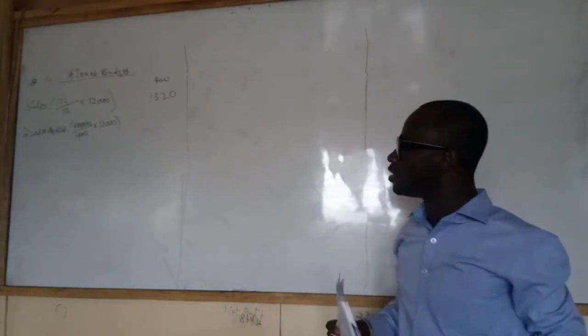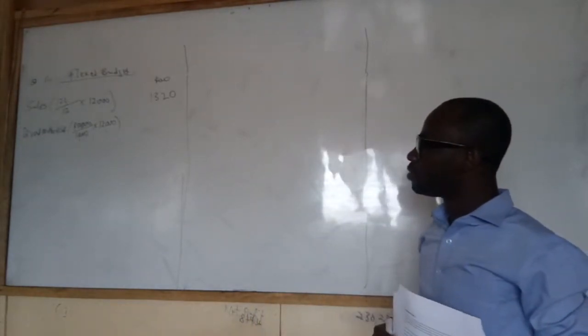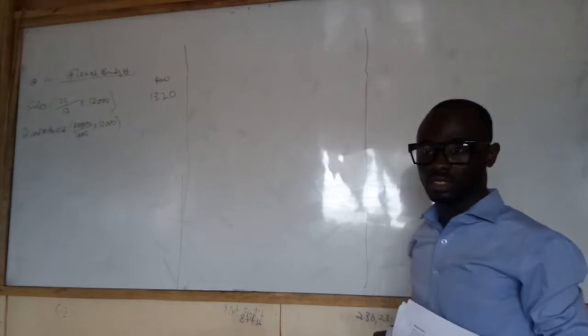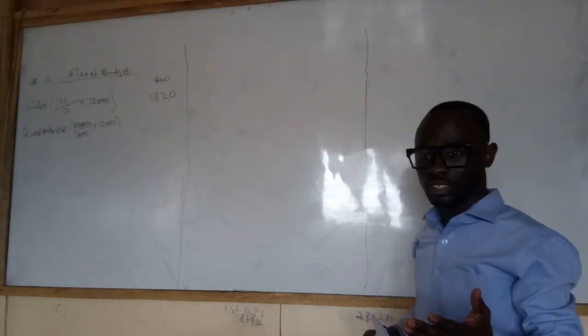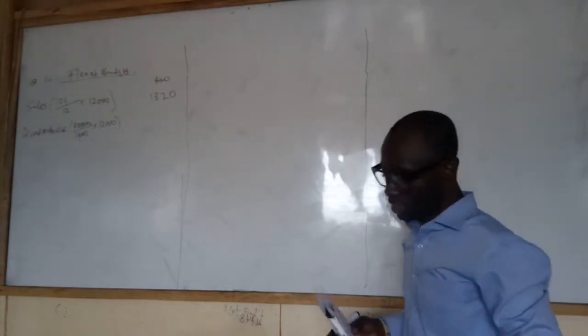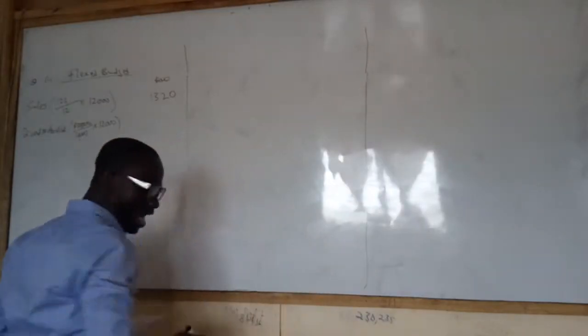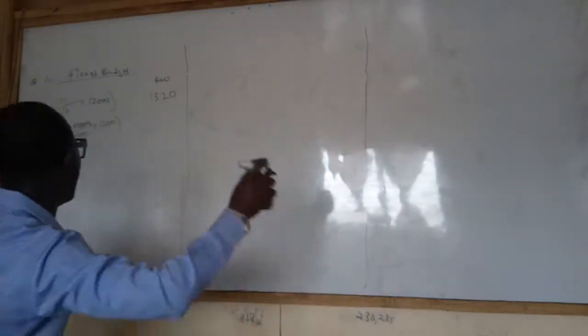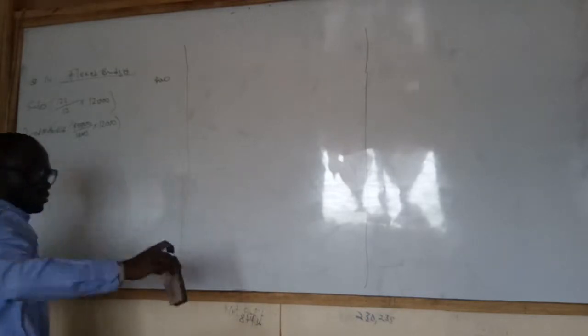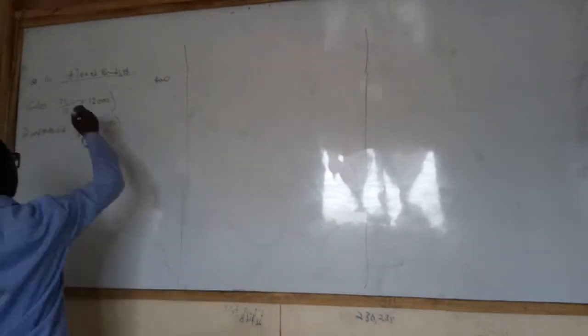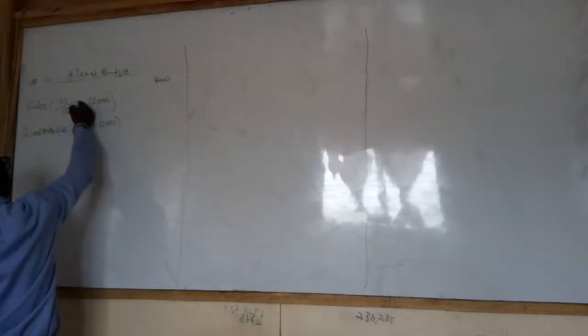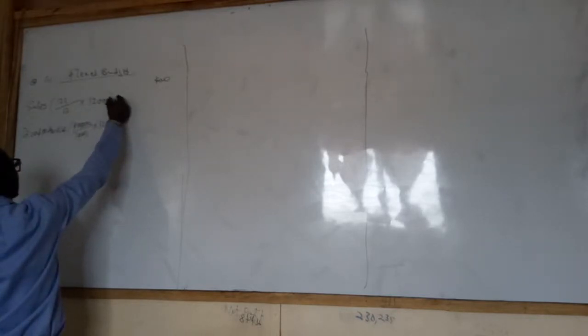You want the per unit, then you multiply it by the output. What did you get? This divided by this times this.